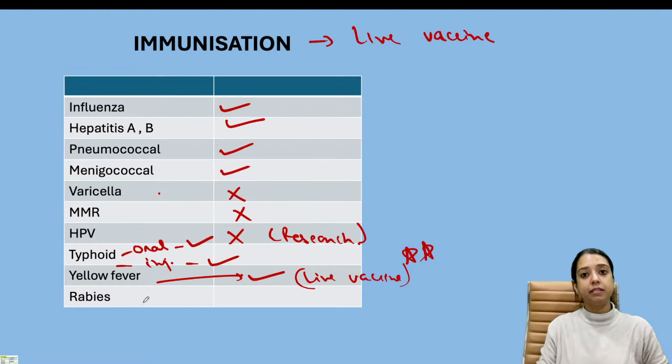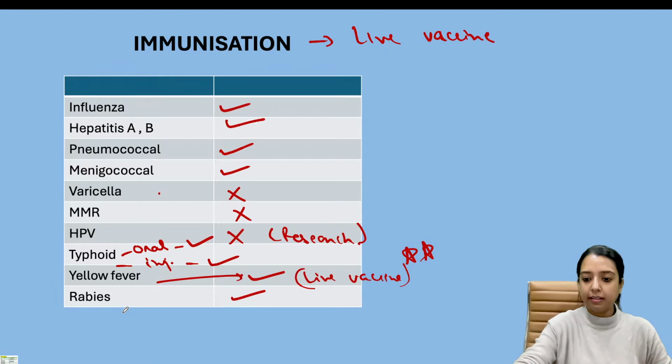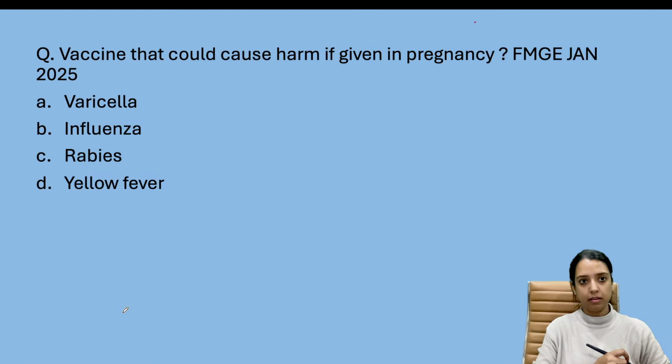What about rabies? रेबीज़ की वैक्सीन प्रेगनेंसी में दे सकते हैं? Yes. क्या ये लाइव वैक्सीन है? नहीं. So if the question is asked only live vaccine that can be given, yellow fever; rabies नहीं, rabies is a killed vaccine. ठीक है, rabies is a killed vaccine, it can be very well given in pregnancy.